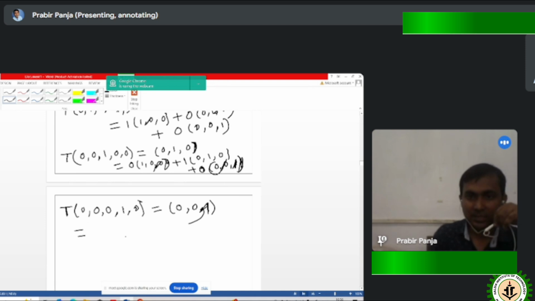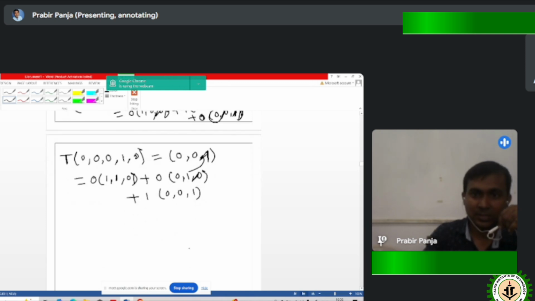So if we write this element as a linear combination of the vectors of R3, it will be 0 into 1 0 0 plus 0 into 0 1 0 plus 1 into 0 0 1.